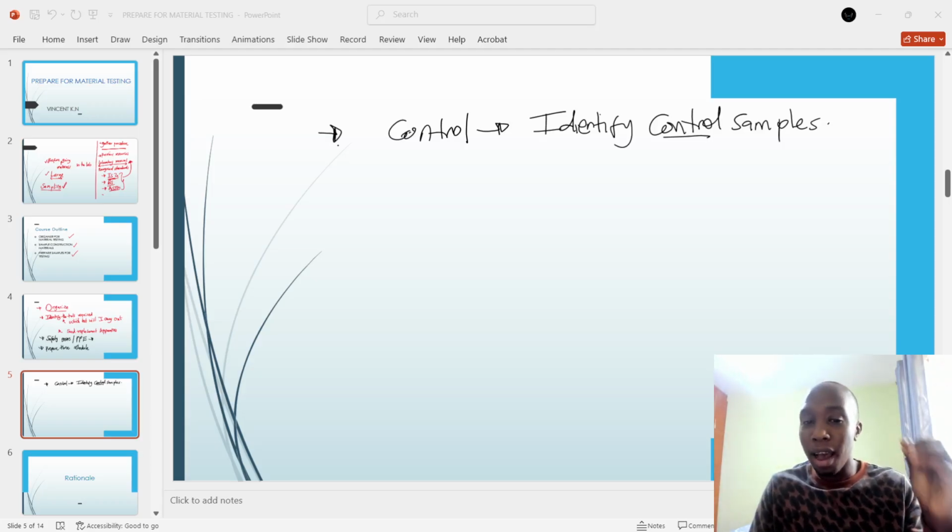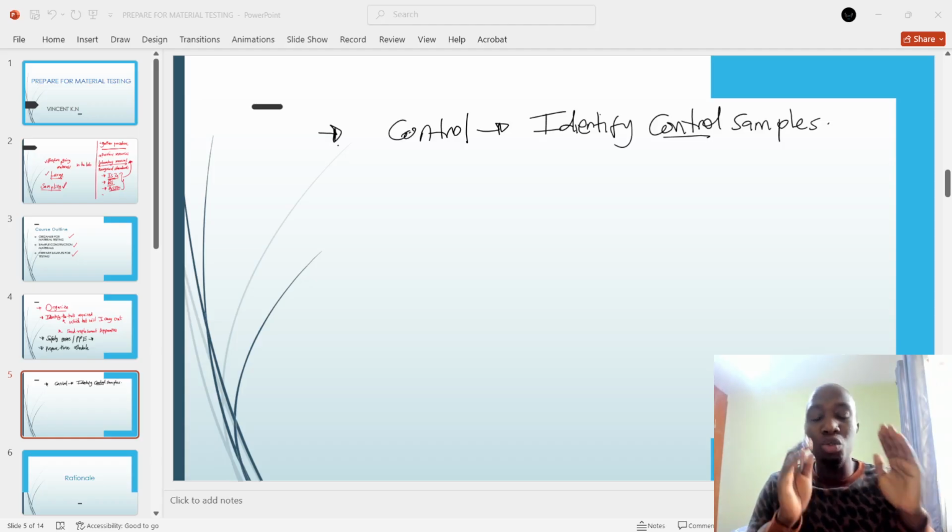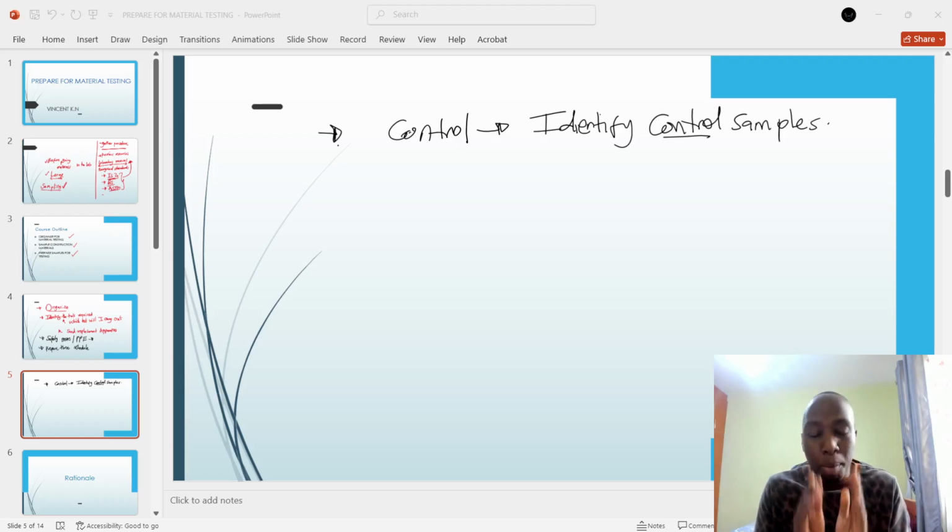The sample that has admixtures will be the experiment or test sample. But the sample that does not have admixtures will be the control sample. It is the sample from which we are observing against.